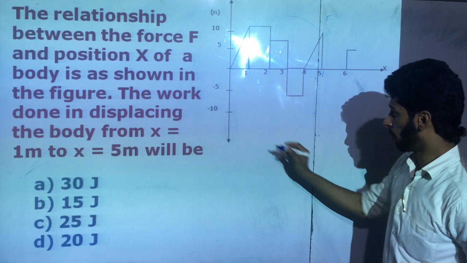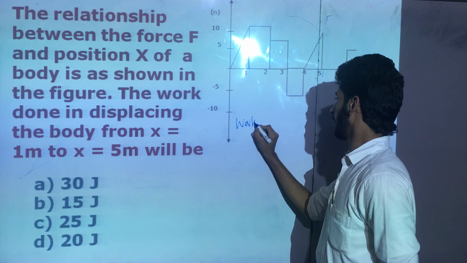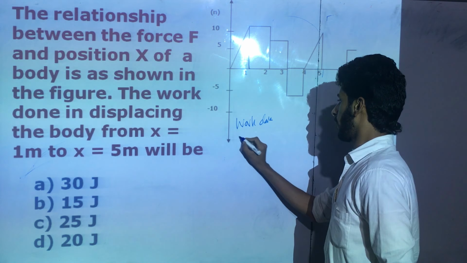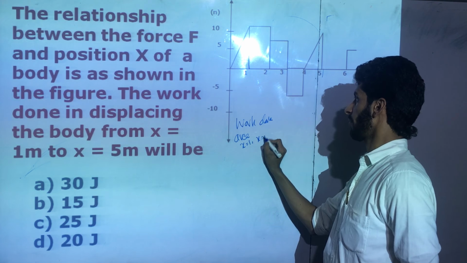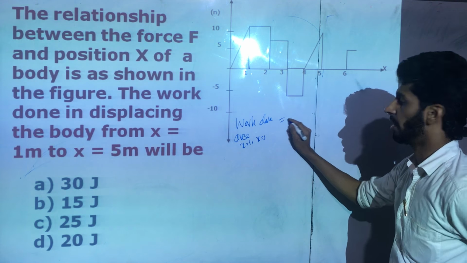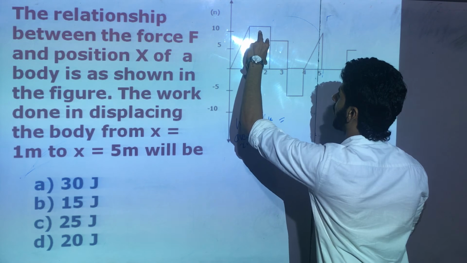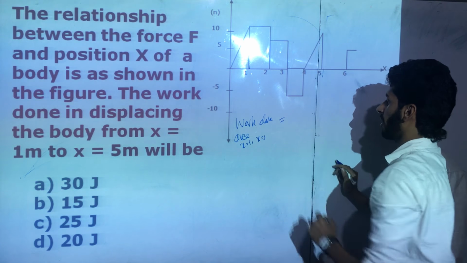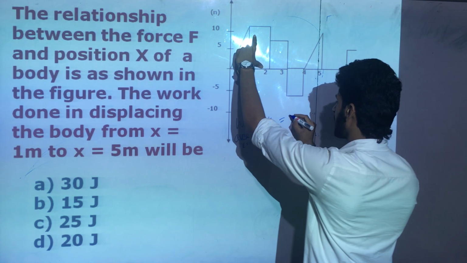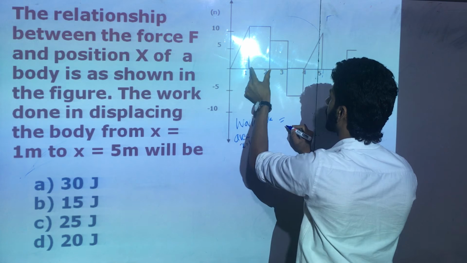Now, work done is equal to the area from x equal to 1 to x equal to 5. From here to here I need to find the area: this rectangle, this rectangle, this rectangle, plus this triangle. Area of a rectangle is length into breadth.